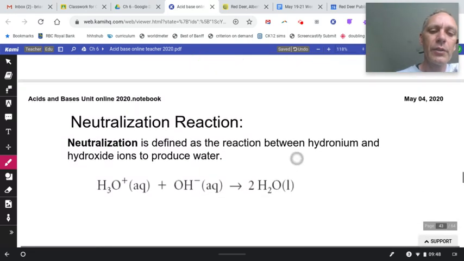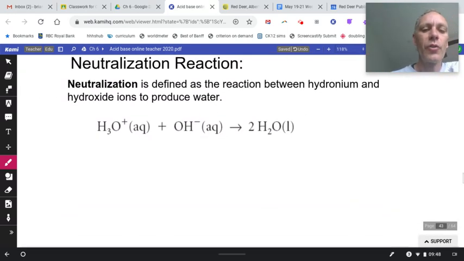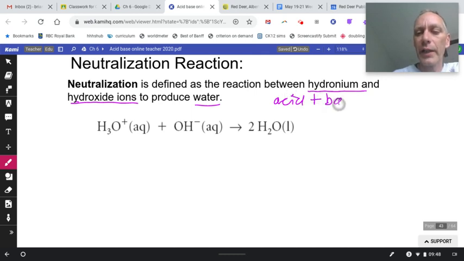One small topic left, neutralization. So neutralization is a reaction between hydronium and hydroxide ions to produce water. That's one way to look at it. The definition that you've seen before is an acid reacts with a base.